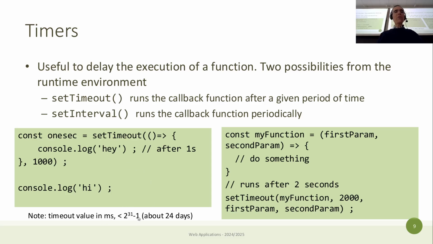Just be careful, we discovered this stuff in a lab a few years ago. This timeout value is basically implemented as a 32-bit signed integer, so it means you cannot really schedule stuff for one month later. This was due to a lab where we asked to make things colored after they expired and so on.